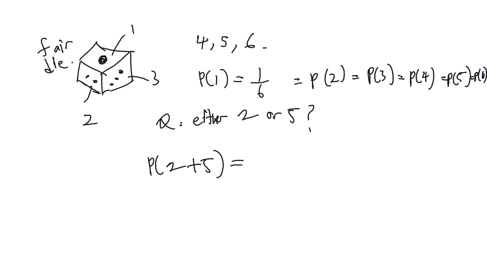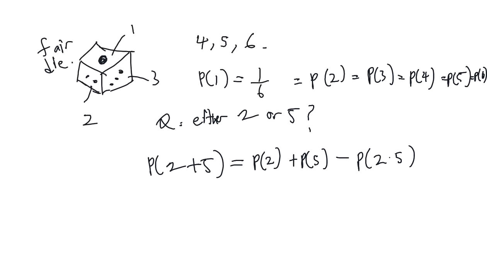So that is probability of 2 plus probability of getting 5, minus probability of 2 and 5. So I put a dot here to express the probability of 2 and 5.